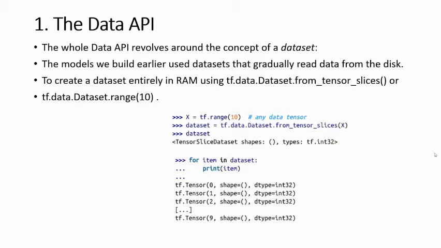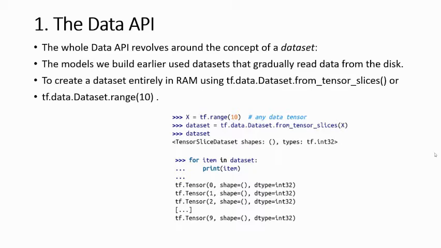Let's begin with the introduction to the data API. We all know that from machine learning to deep learning, we basically work on the dataset concept. This dataset is nothing but a collection of features and instances. And we download these datasets to our disk and we work on them.